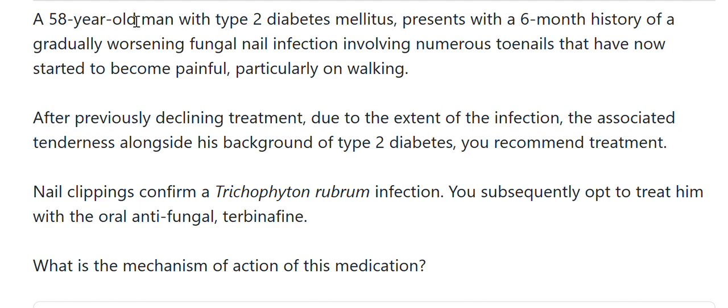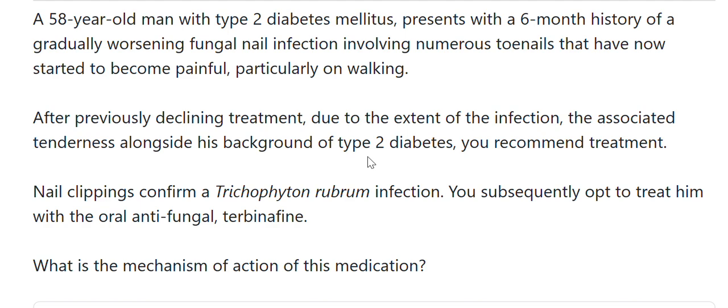A 58-year-old man with type 2 diabetes mellitus presents with a 6-month history of gradually worsening fungal nail infection involving numerous toenails, which have now started to become painful, particularly on walking, after previously declining treatment due to the extent of infection.